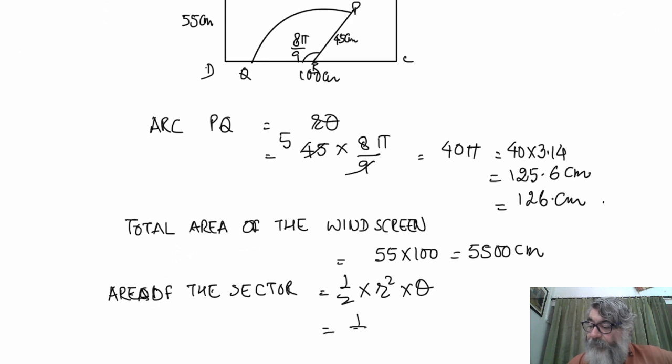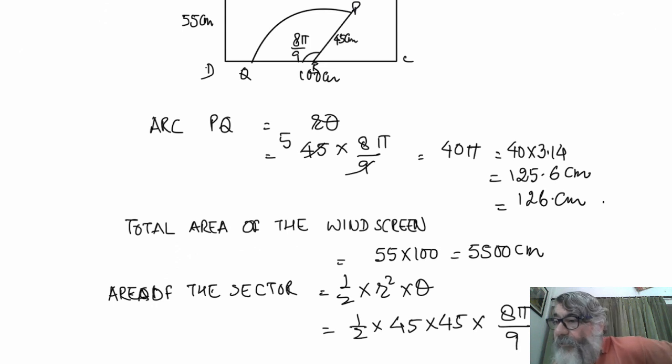What is the radius? Radius is 45 into 45. And what is theta? Theta was 8 pi by 9.